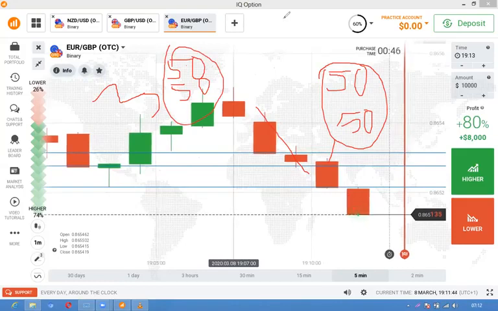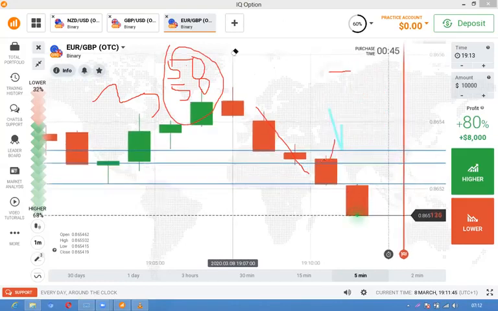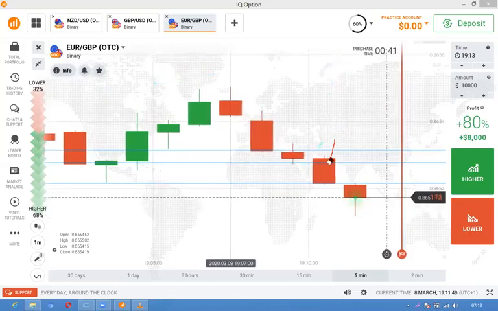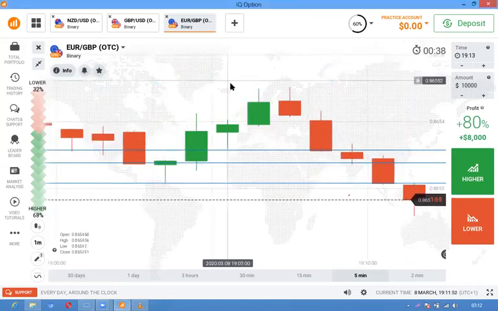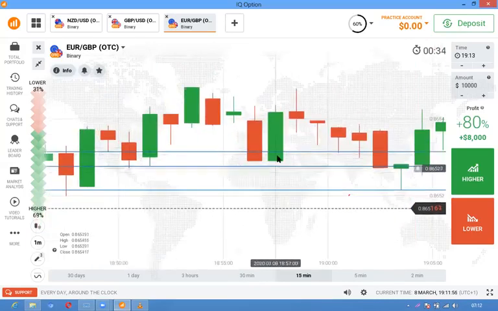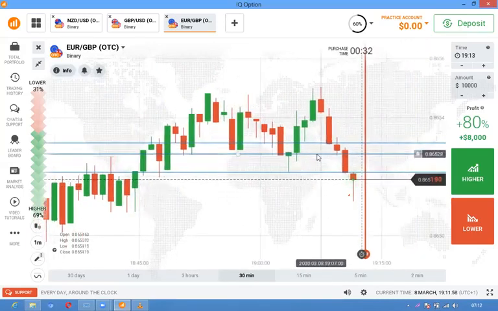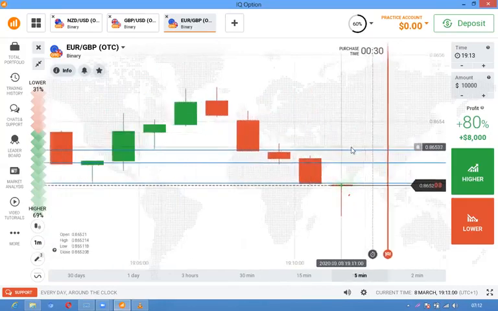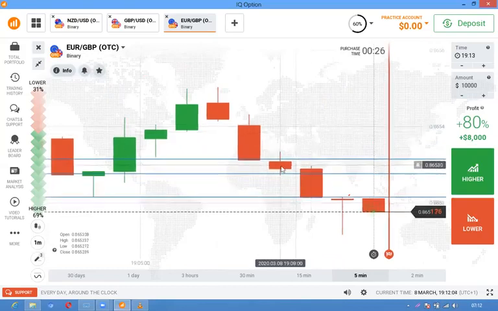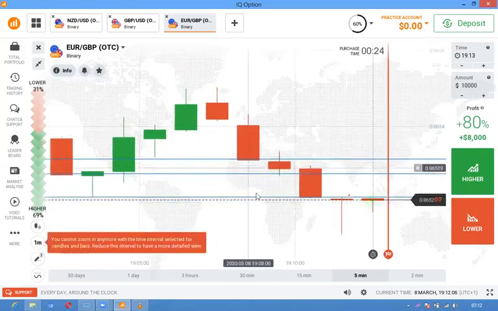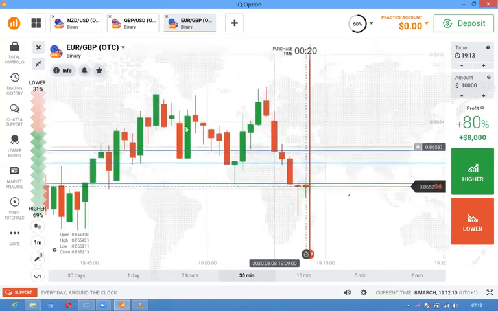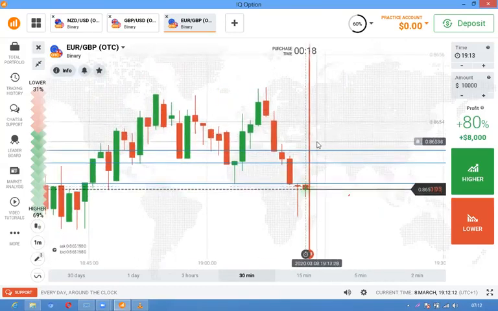Here we only have two trials, 1, 2. So the two trials we have are already exhausted. That means the third one will not be used. And you can see a spinning top candle. This is why I say always observe the market movement before you place your trade.